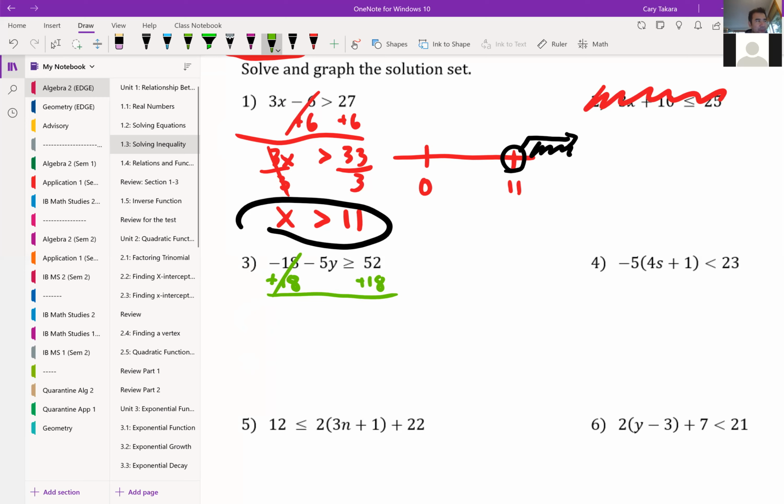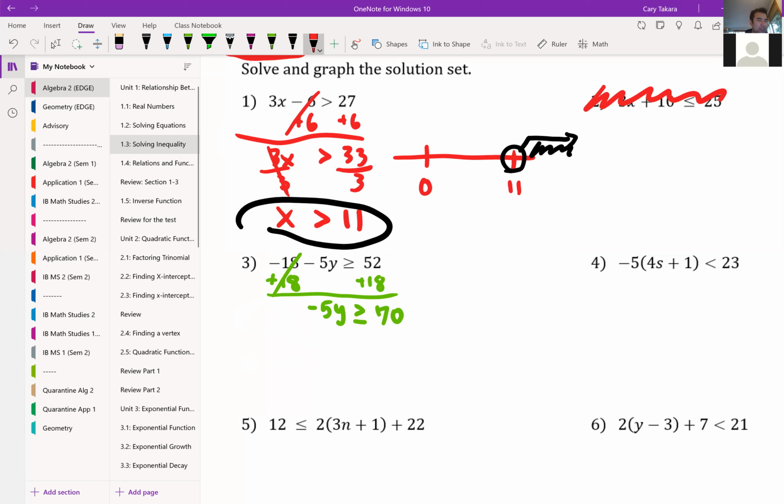You always want to get rid of a number that is floating by itself, not attached to any variables. And negative 18 is just floating by itself. So add 18. So I have negative 5y is less than or equal to 70.